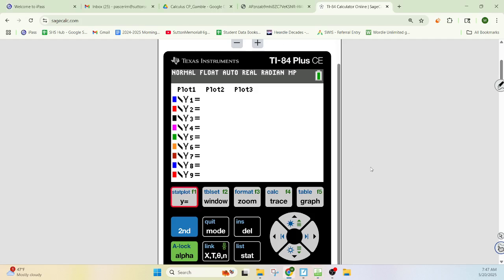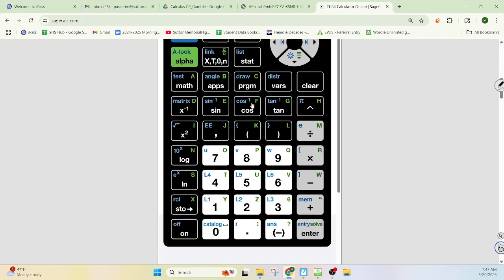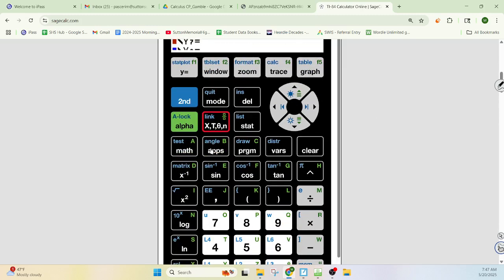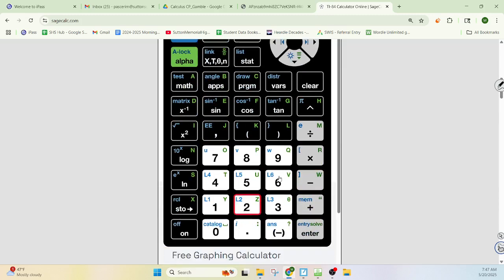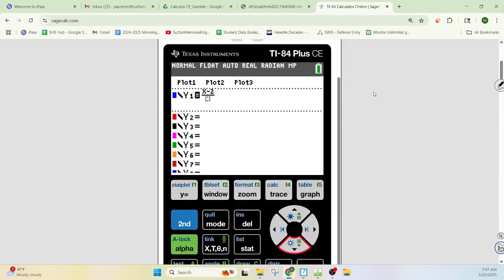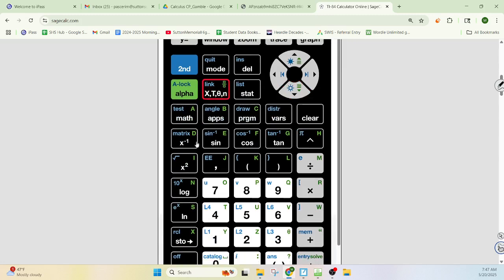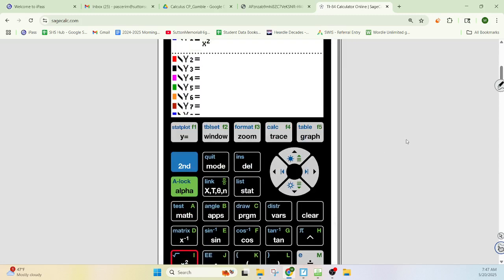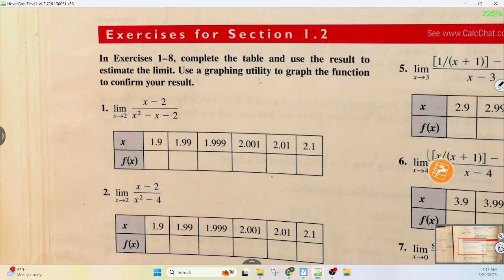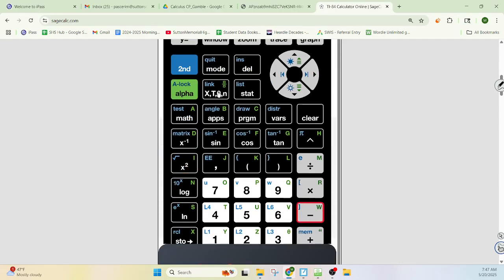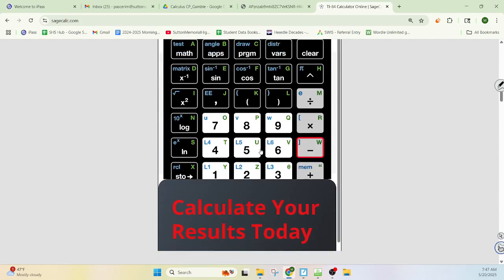So we want to put that in. Just bear with me as I do that.